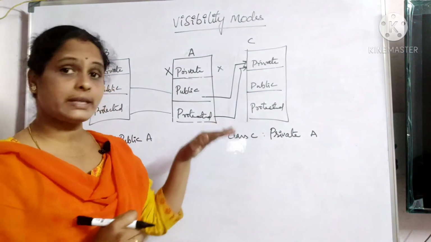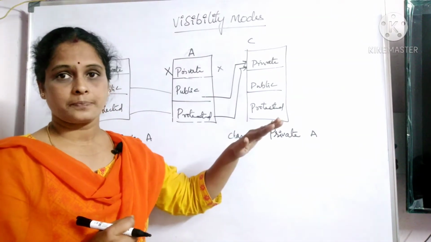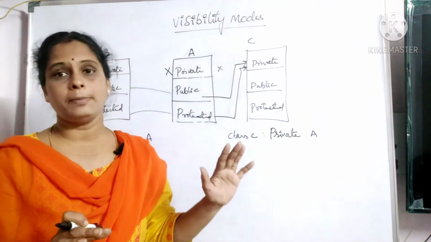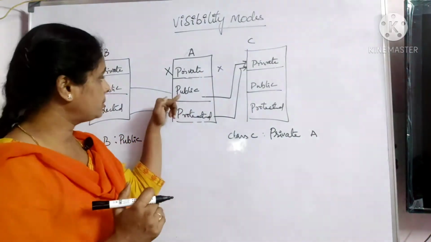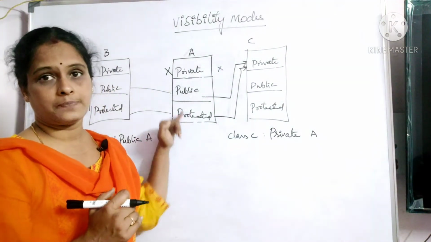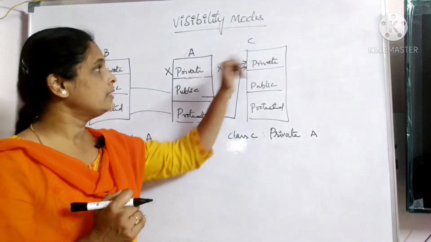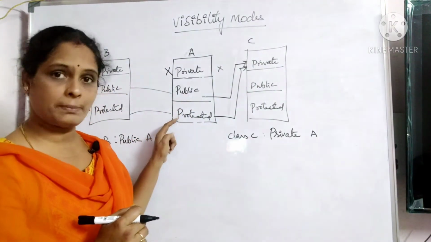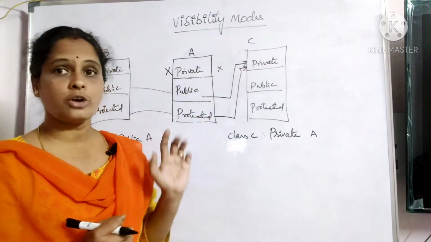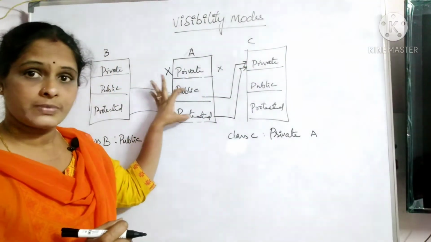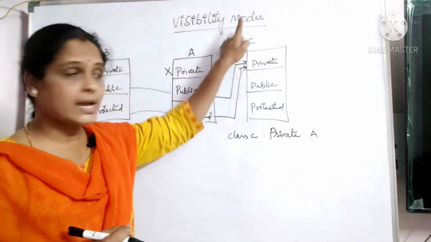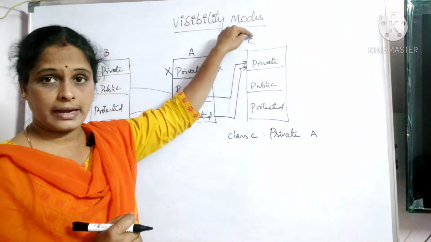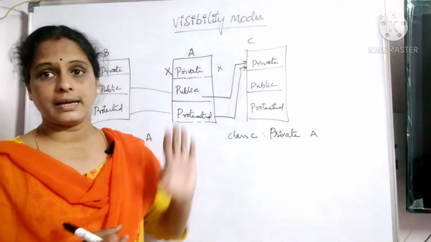So, when you are deriving a class in private mode, private data can't be changed. Then the public and protected data will be private in the child class. In the base class they are public and protected, but when they are used in the child class, they become private data.